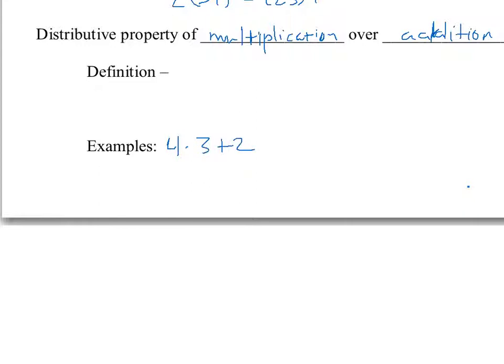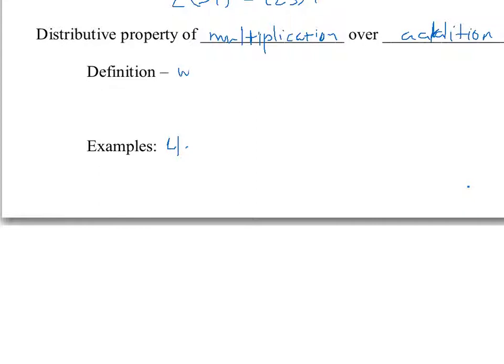So I have to put the parentheses around there, or they better already be there if I'm going to use distributive property? They better already be there. All right, so we'll come back to that.